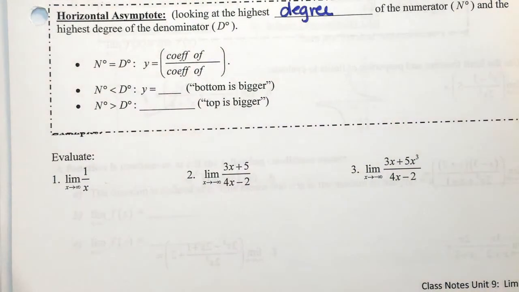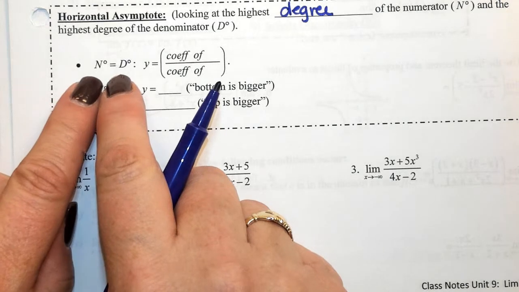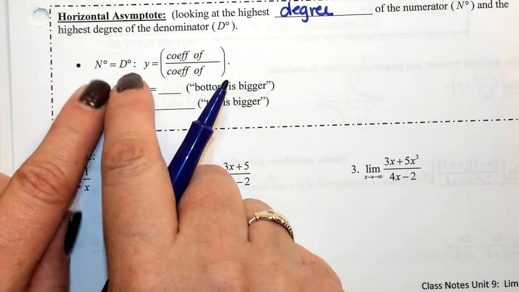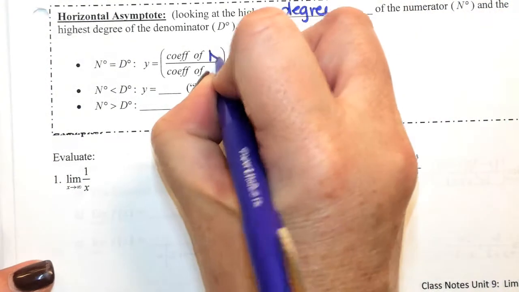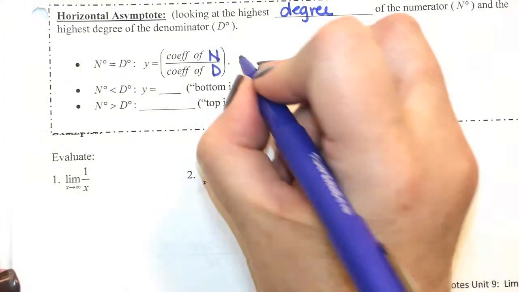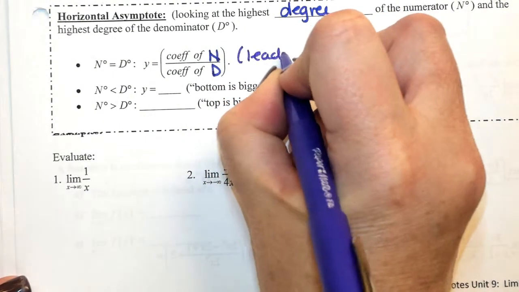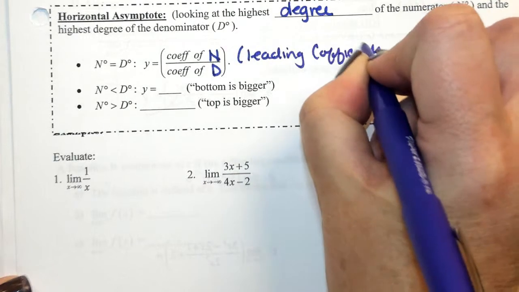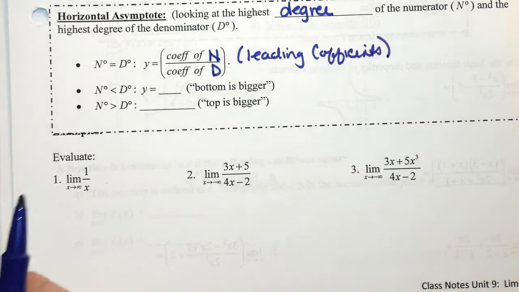The degree of the numerator is equal to the degree of the denominator. If this happens, remember, it's the coefficient of the numerator over the coefficient of the denominator. You look at your leading coefficients and make that fraction to find your horizontal asymptote.